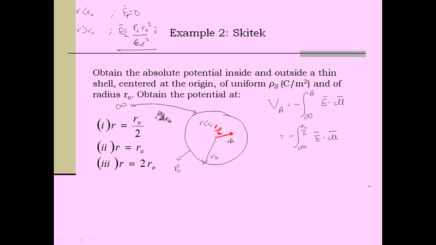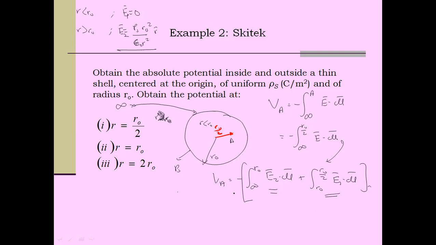Based on this argument, I can rewrite the potential at A as negative integration from infinity to R naught of E2 dot dl, plus integration from R naught to R naught over 2 of E1 dot dl, in which we separate the integration from infinity to R naught over 2 into two different integrations: the first dealing with the E2 region, and the second dealing with the E1 region.